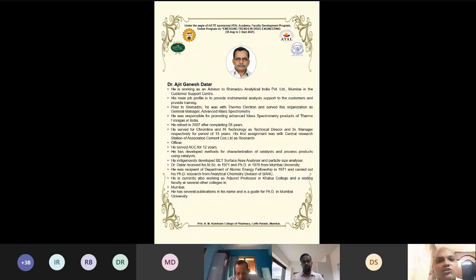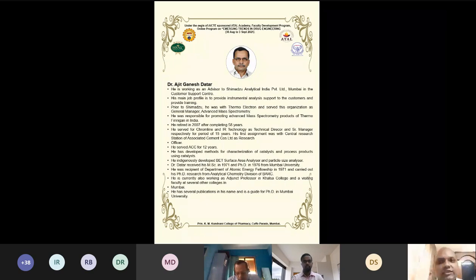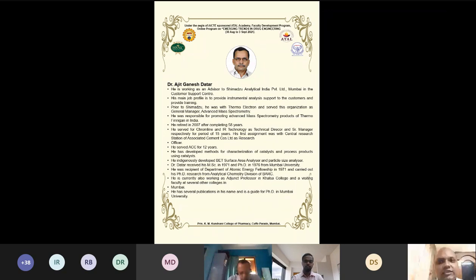He has developed methods for characterization of catalysts and process products using catalysts. He indigenously developed a BET surface area analyzer and particle size analyzer. Dr. Datar received his MSc in 1971 and PhD in 1976 from Mumbai University.